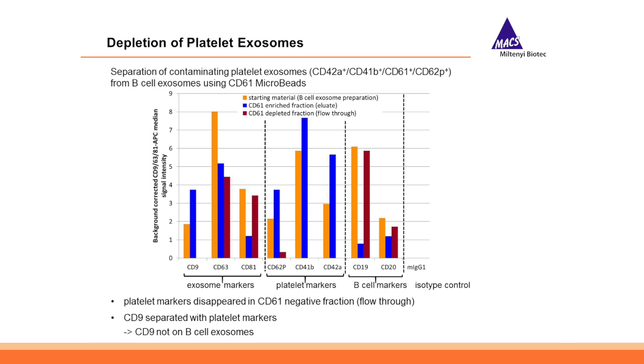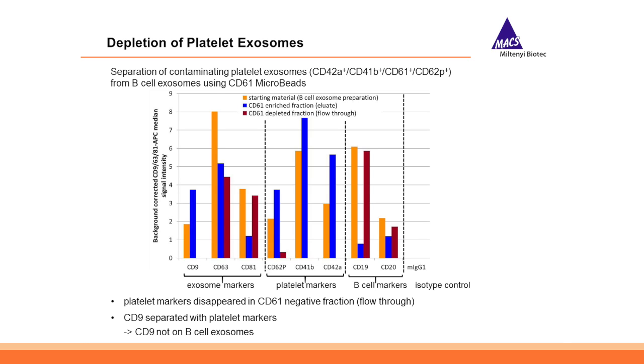And if we now look at the flow-through, so the CD61 depleted fraction, we clearly could deplete all the platelet signals, and the B-cell signal is comparable to the original fraction.